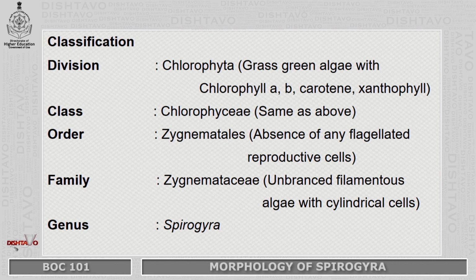It belongs to family Zygnemataceae because it has unbranched filamentous algae with cylindrical cells which are placed one next to the other. And we are going to study genus Spirogyra.